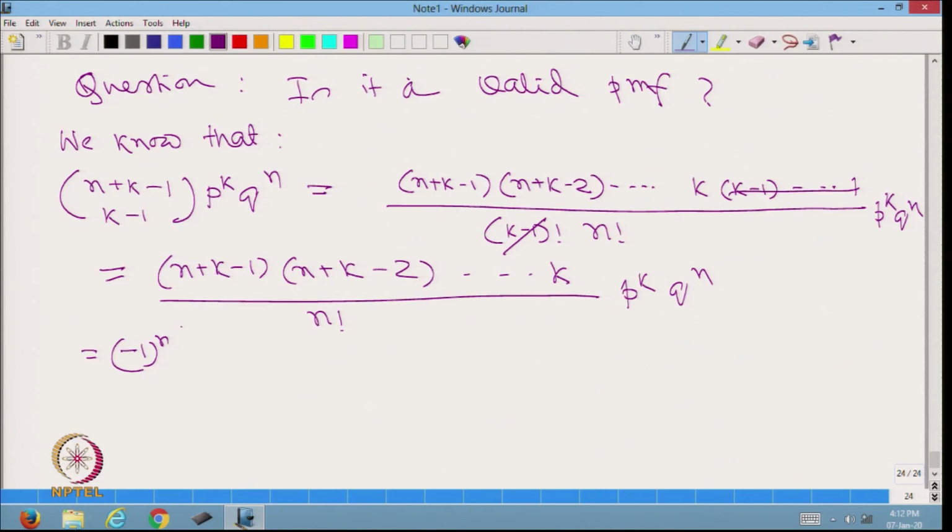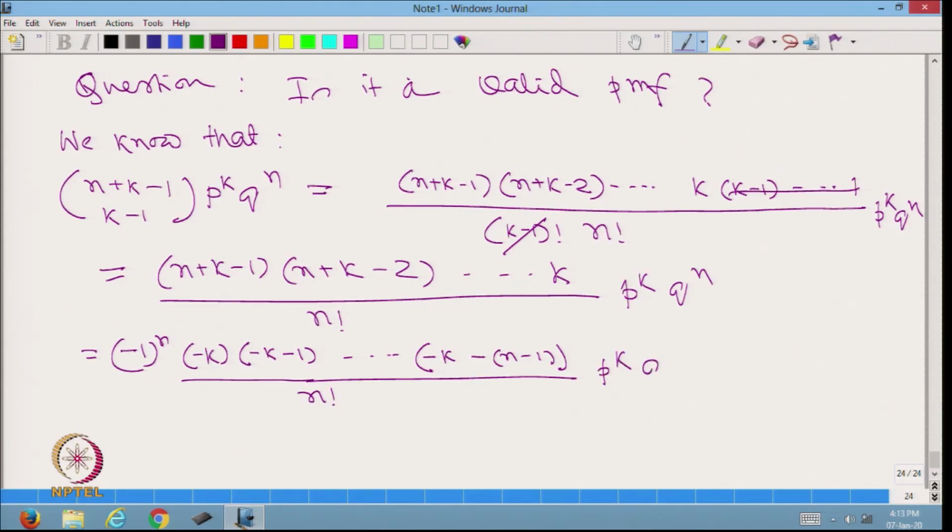So, we take minus 1 to the power n common, and then we get minus k minus 1 up to minus k minus n minus 1 divided by n factorial into p to the power k q to the power n.